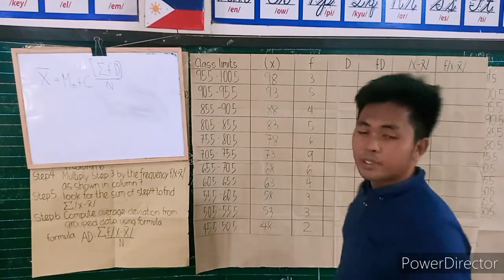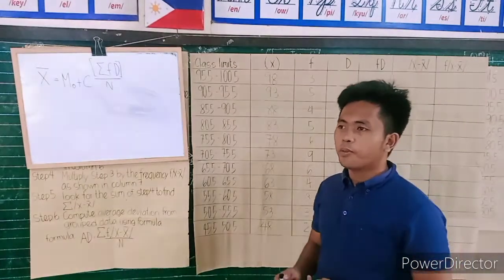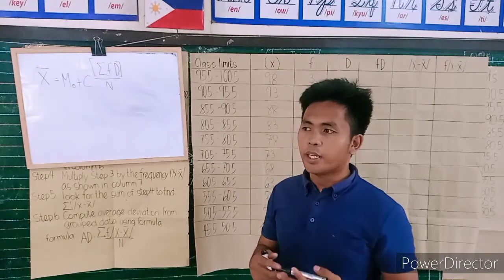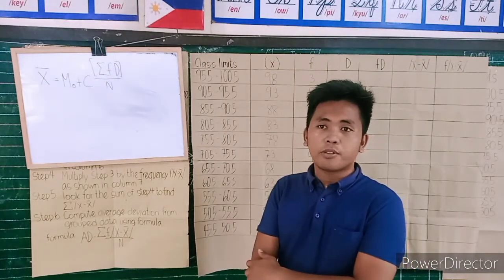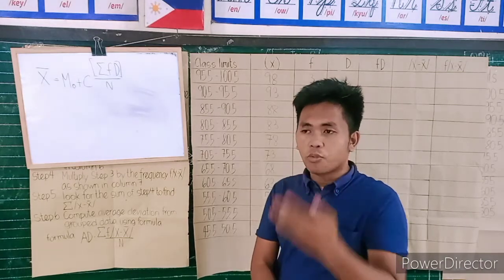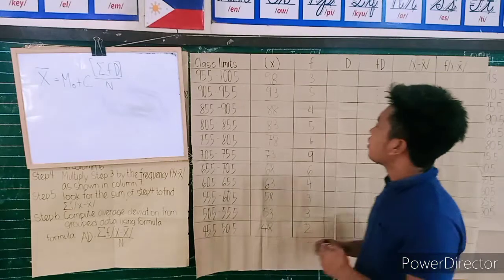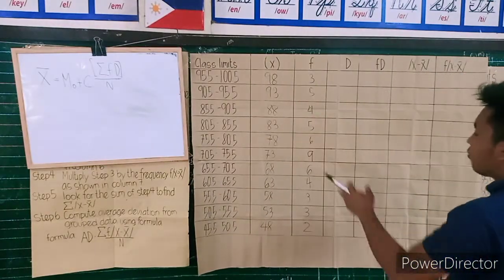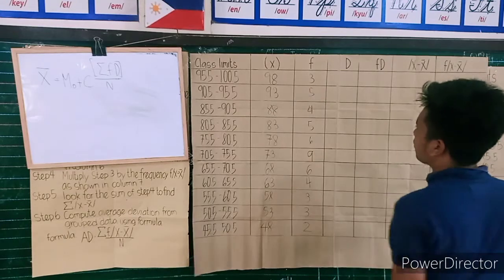So that is how we get the frequency. If we have a table, much better, so we can get how many students got those scores. Here, since we don't have a table, we assume these frequencies.